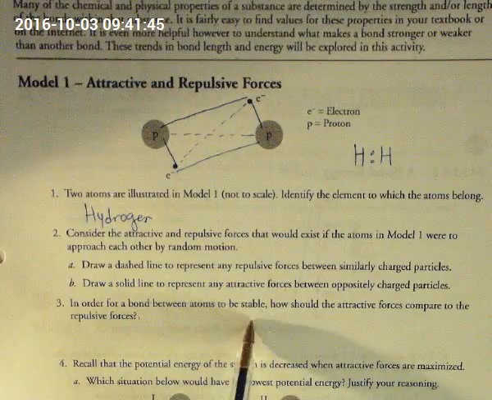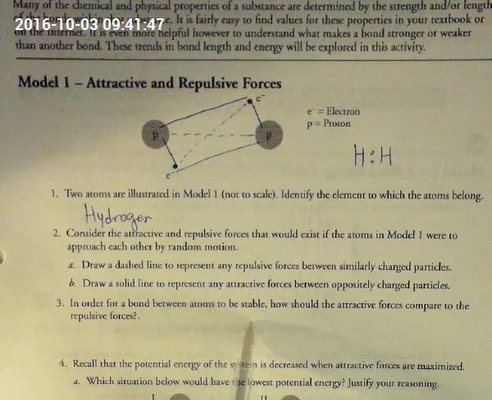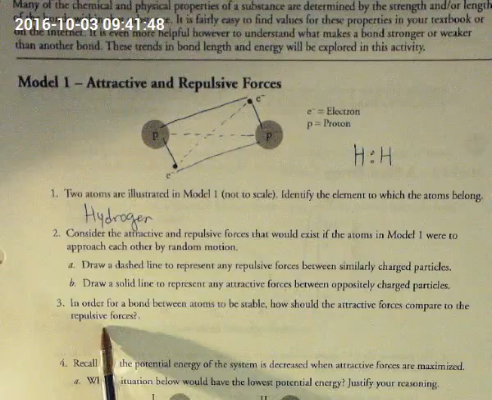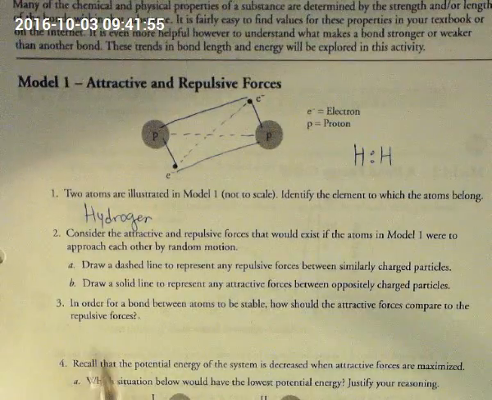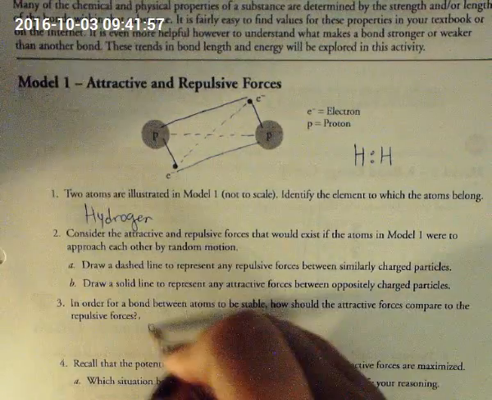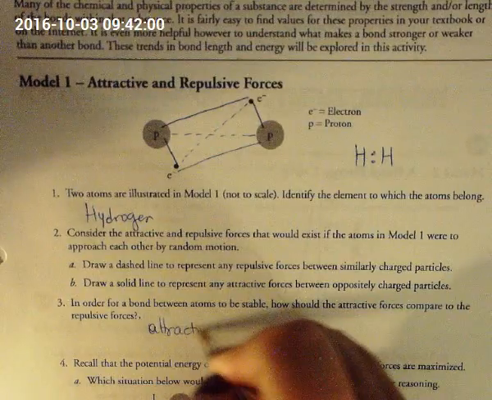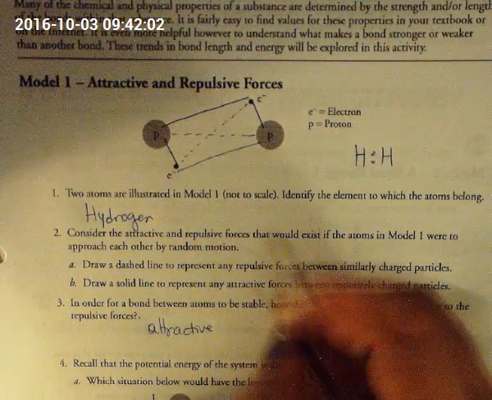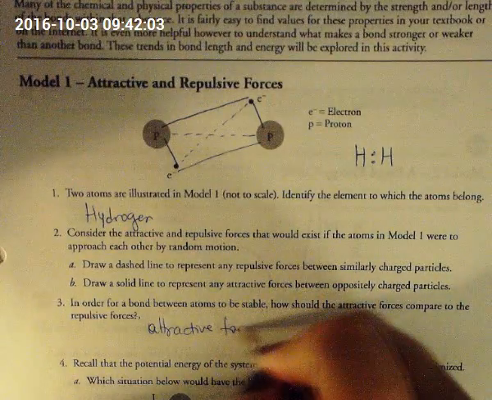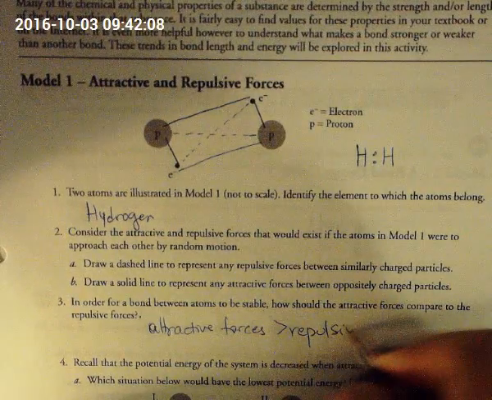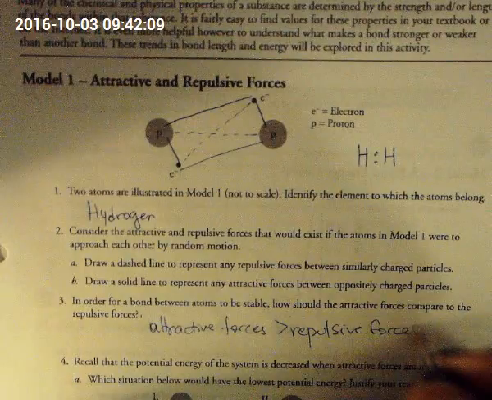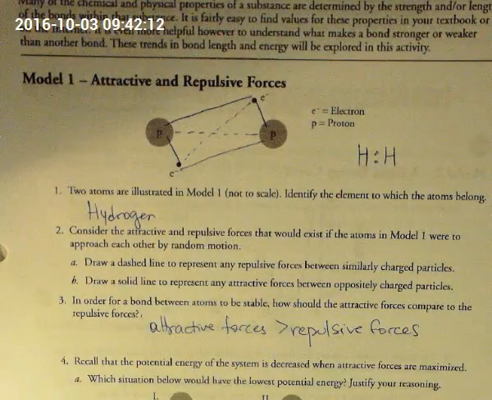So in order to reach stability, what can you say about the attractive forces in comparison to the repulsive forces? The attractive forces have to be greater. So they're greater than the repulsive forces. All right?